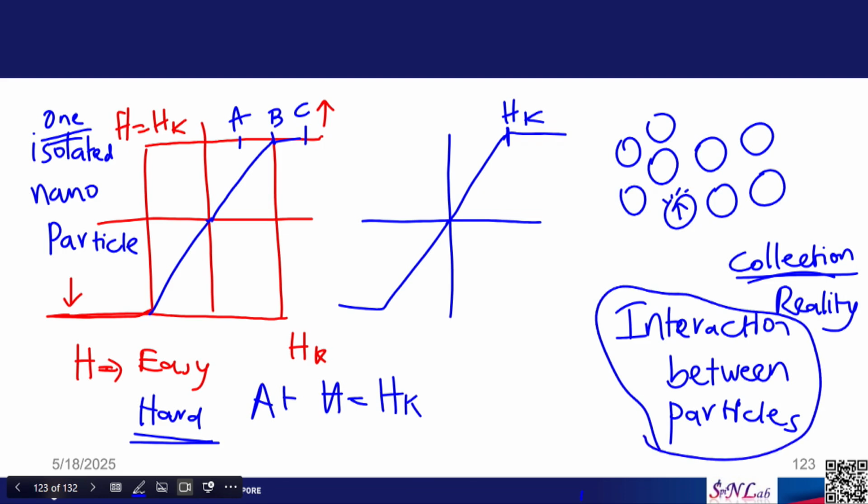Okay, so when you have such interaction, usually what happens is the particle may not reverse at this field. Typically, when you have a collection of particles, the coercivity at which say 50% of particles switch is typically like half of Hk.